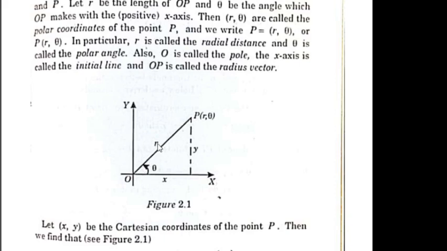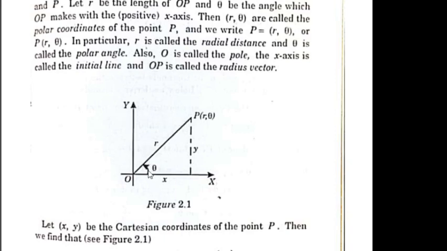If you increase r in the same direction, you will get point P somewhere here, and if you decrease r up to this point, then you get the position of point P somewhere here. Similarly, if you change the angle theta, then again you will get a different position of the point P.